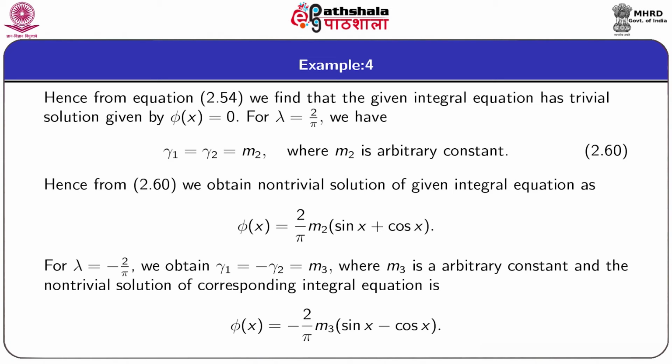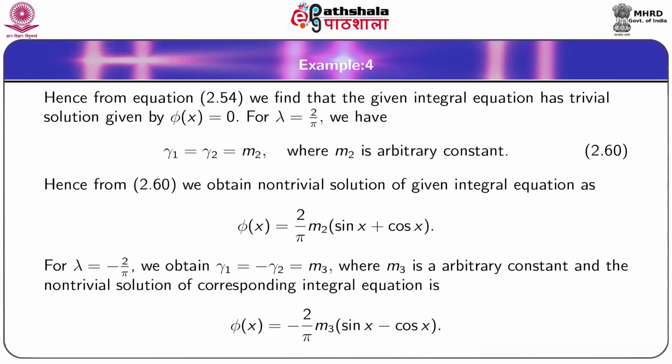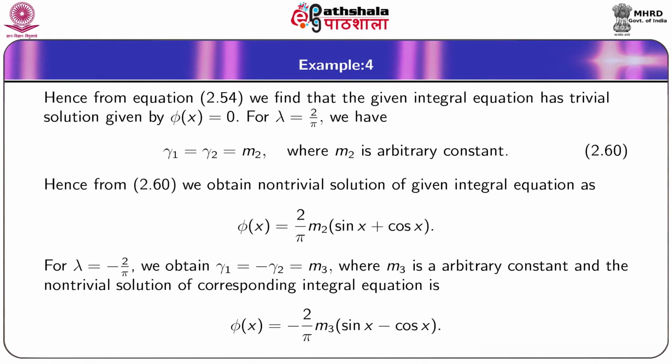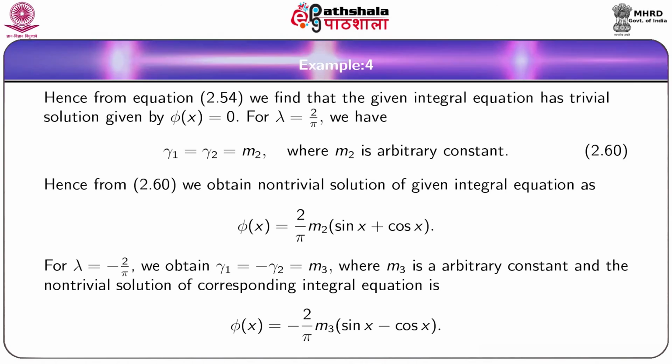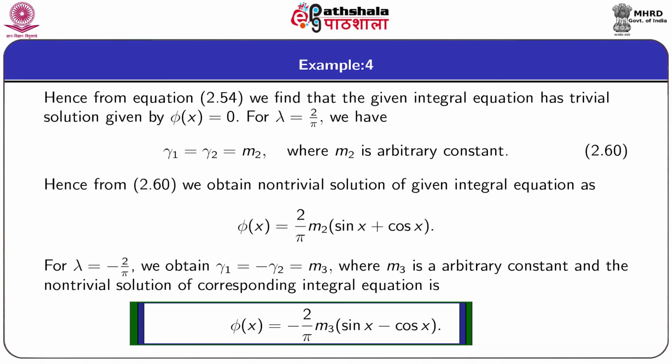So, substituting gamma 1 and gamma 2 in terms of m3 in equation 2.54, we get the non-trivial solution for lambda equal to minus 2 by pi as given by phi x equal to minus 2 by pi m3 into sin x minus cos x.